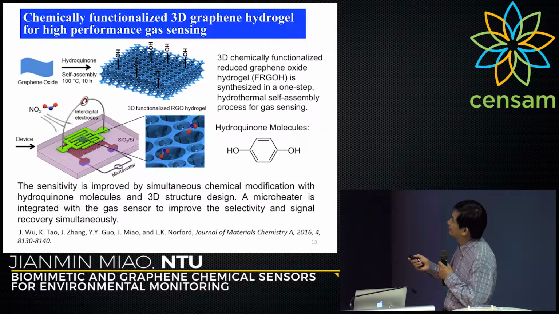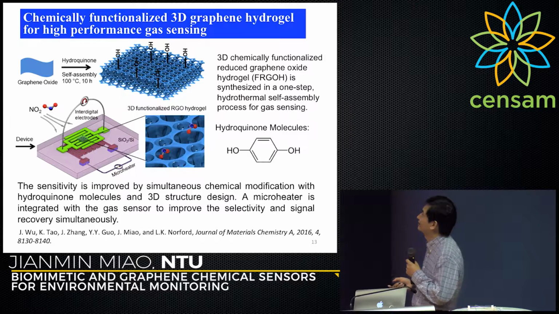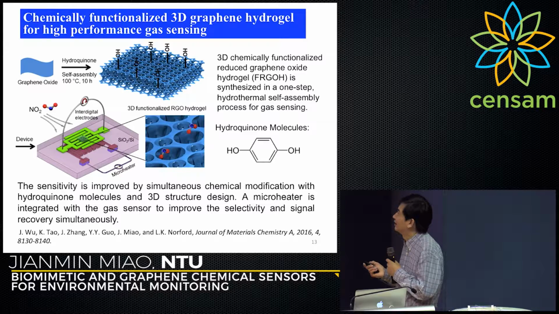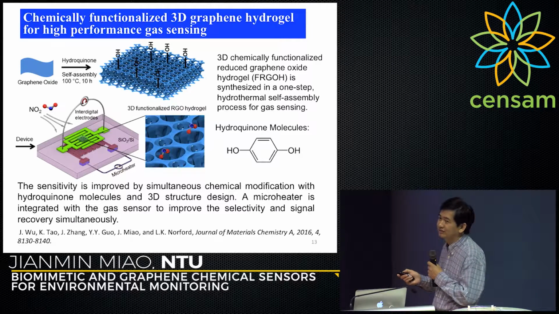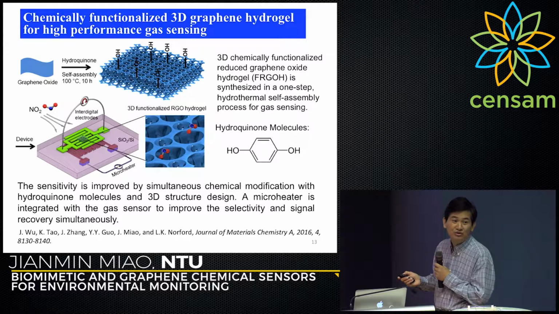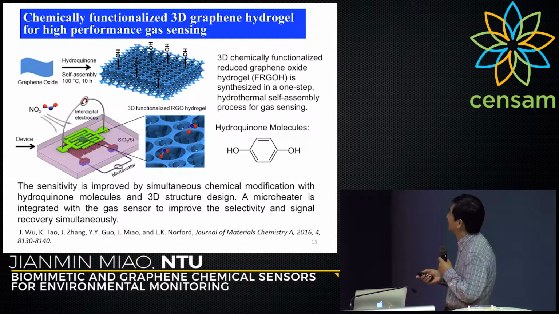But we place this so-called 3D functionalized RGO hydrogel, the graphene material, on top of that, bridging the connection between the interdigital electrodes.